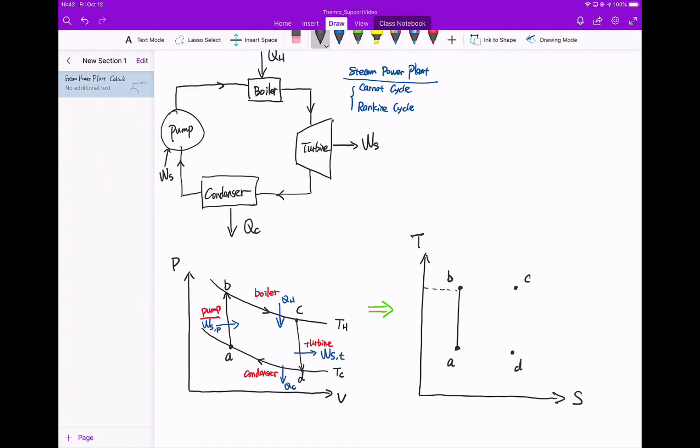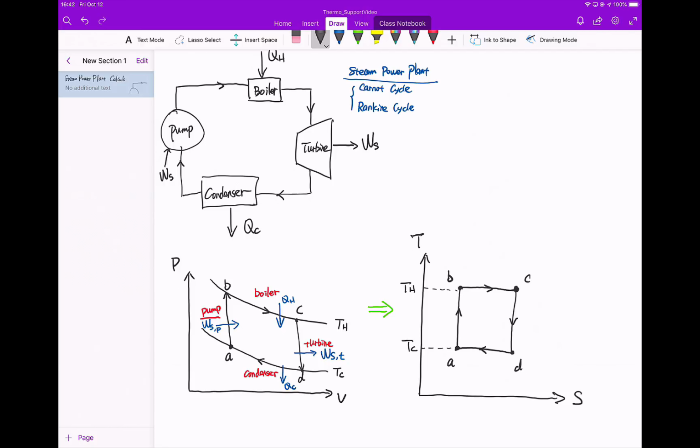This is the corresponding TH. This is the corresponding TC. And then this is the isothermal expansion, adiabatic expansion, isothermal compression. I'm going to have A to B, B to C, C to D, and D to A.